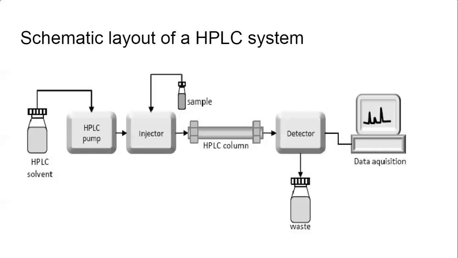Why? Because here we are applying high pressure, whereas in column chromatography the flow rate is governed by gravitational force. Here the flow rate is governed by the applied pressure. When we apply more pressure, the flow rate is more. So the flow rate of the mobile phase is directly proportional to the pressure applied. That's why HPLC is sometimes also referred to as high pressure liquid chromatography. So that is the difference.